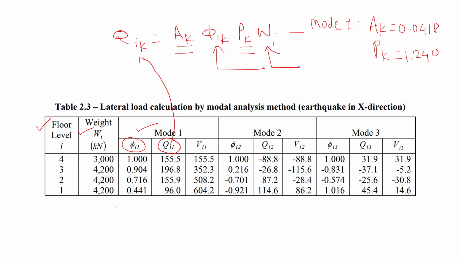Now if you want to write for the final floor, AK is fixed. AK for the mode 1 is 0.0418 multiplied by phi ik, means mode shape coefficient for the final floor. So it is 1, multiplied by pk. For mode 1 it is 1.240, multiplied by wi, that is 3000.